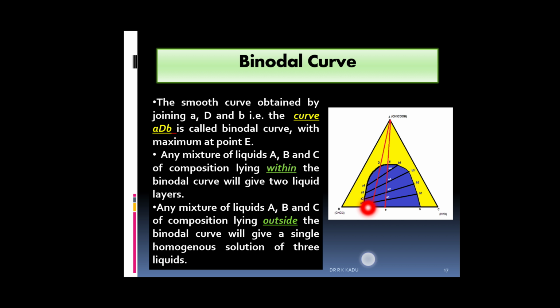The smooth curve is obtained by joining the points a, D and b, and this curve is known as the binodal curve, with a maximum at point E. Any mixture of liquids A, B, C of composition lying within the binodal curve will give two liquid layers.